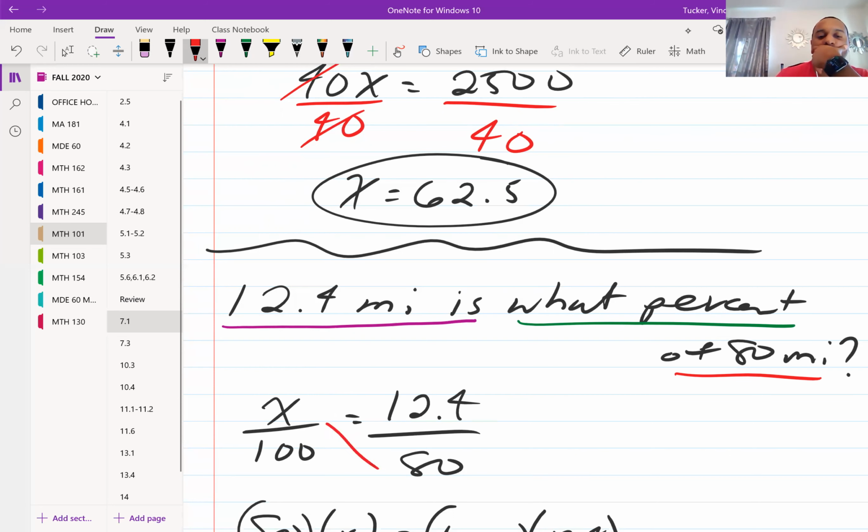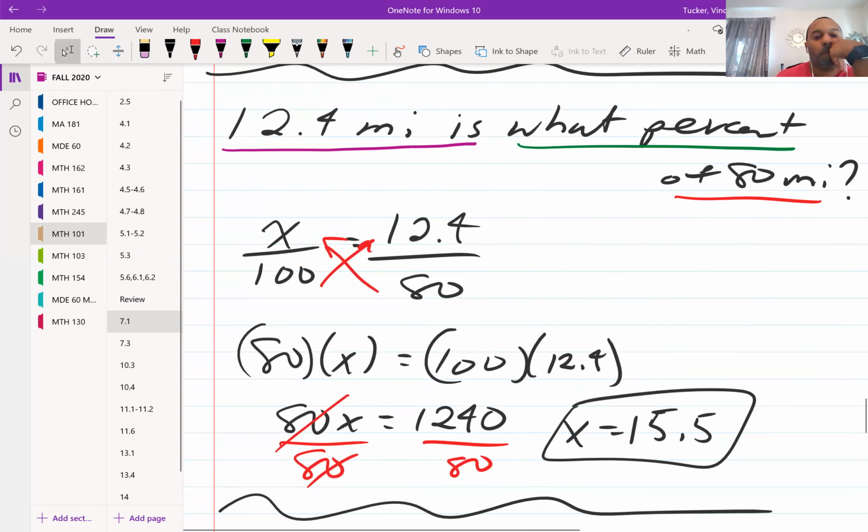All right. Cross multiply. 80 times x, 100 times 12.4. Then divide 80 into both sides.